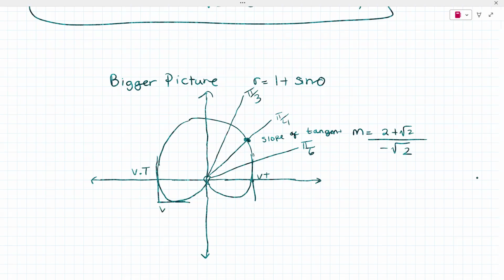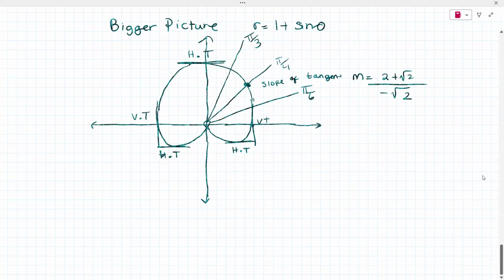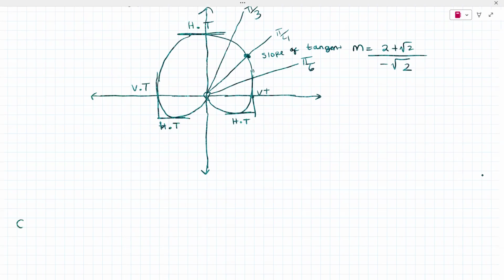And then you have a horizontal tangent here, and I believe you also have one right here. Okay, so it's good to see the picture because in part C, they're going to ask for the horizontal tangent and the vertical tangent. So let's move on to part C.